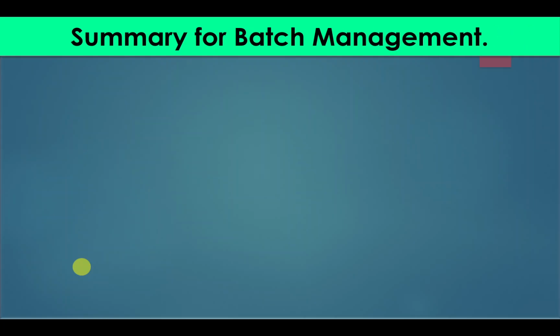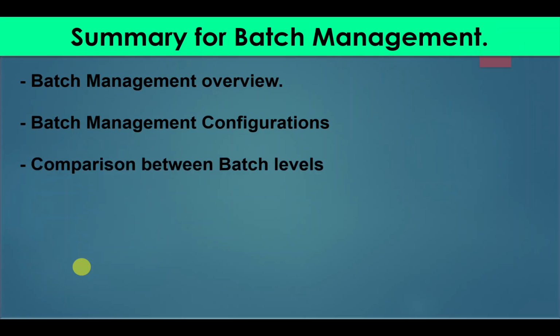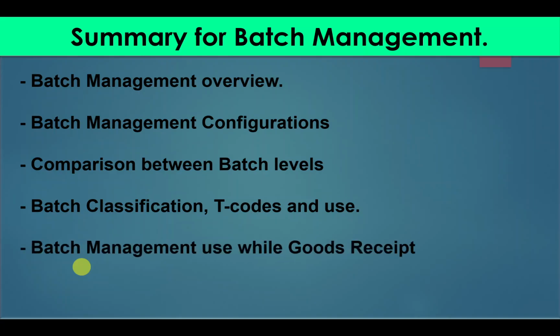So what we have seen so far: batch management overview, then its whole configuration, comparison of its level, then batch classification, T codes, and its use, one aspect only about goods received.